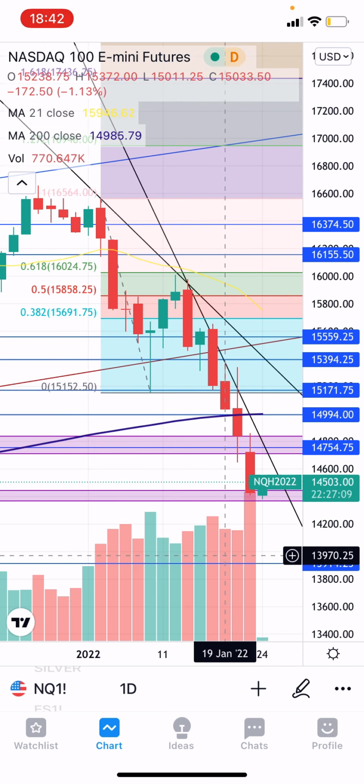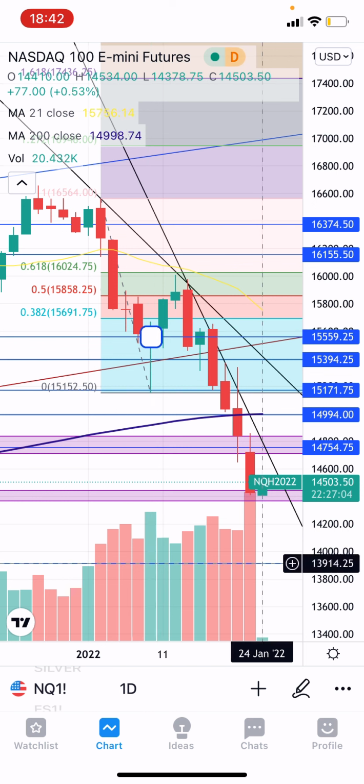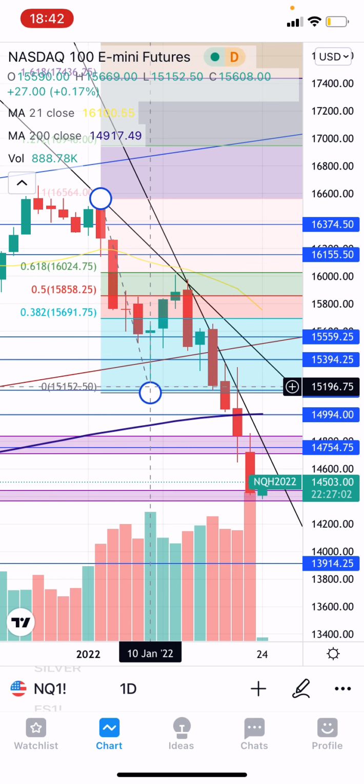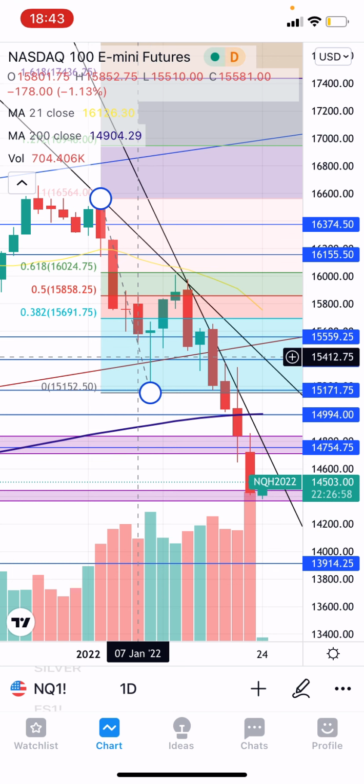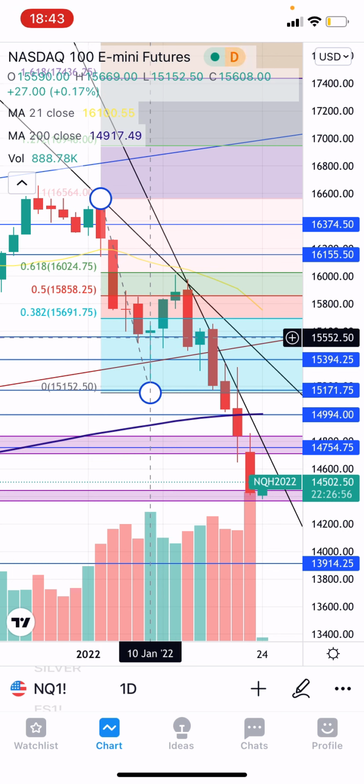Now, I actually plan to scale out of this position. Like, I entered at 15,170, right? As this position moved up, you should be scaling out of your positions, and then just keep bumping up the stop loss as you go, right? So by the time it bounced from 15,170 to 15,500, I had trimmed out of a good amount of my position here, right?